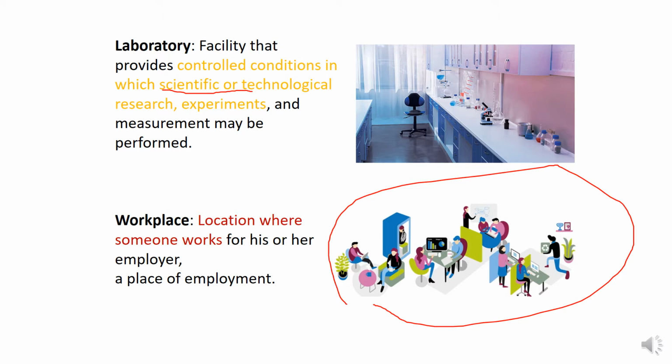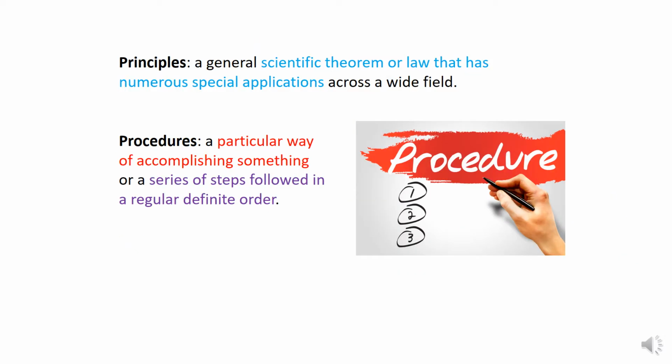For example, if we are talking about agriculture pesticides, the chemicals, then the field or workplace is different than the laboratory. But of course most of the material that we will cover is relevant to the laboratory.